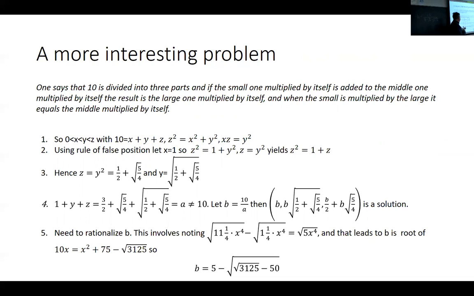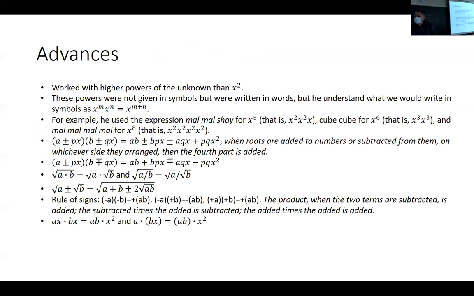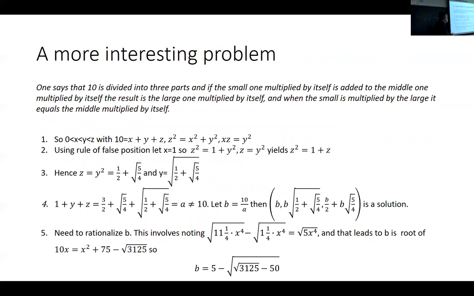And to do that, he uses this identity here, which is not 100% obvious, but it just follows directly from this square root a minus square root b. So that's just a plus b plus or minus that. So if you go ahead and do that, you get this identity here.